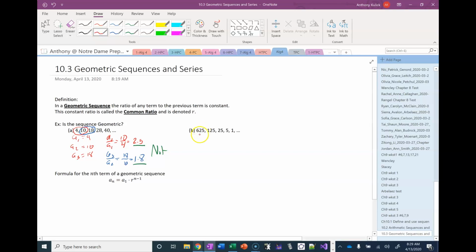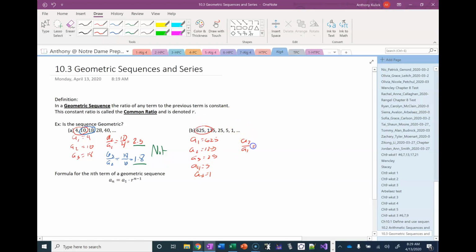Okay. If we do the same thing over here, we'll say A1 is 625. A2 is 125, A3 is 25, A4 is 5, and A5 is 1. Just like before, we're going to start by taking the ratio of the first two terms.